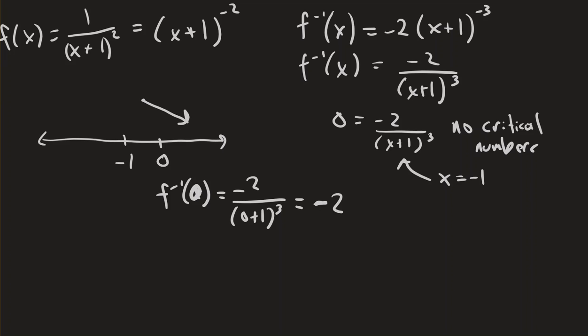Negative slope, negative derivative, graph must be going down. Now if I tried to plug in something over here, like maybe negative 2, oops, that's derivative not inverse, that's bad notation there.